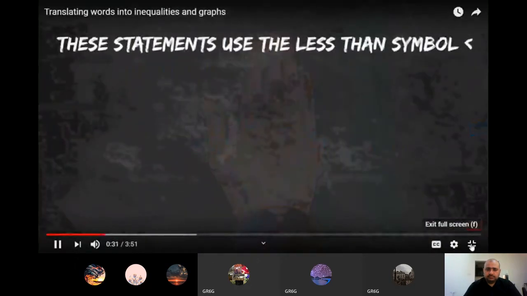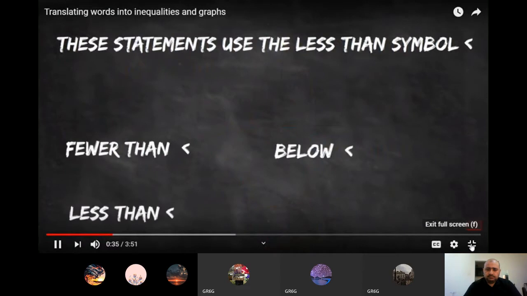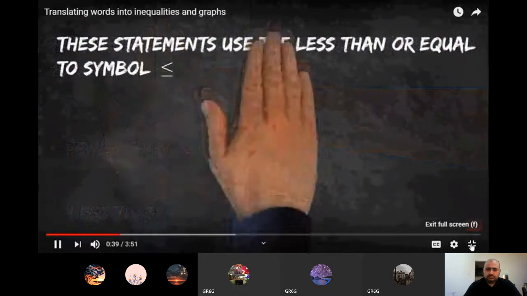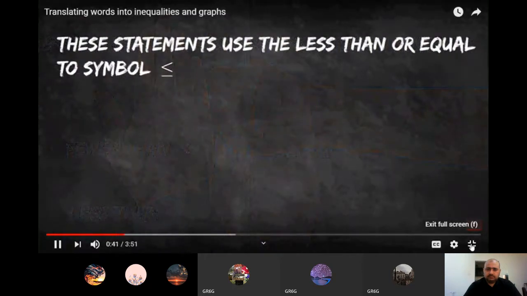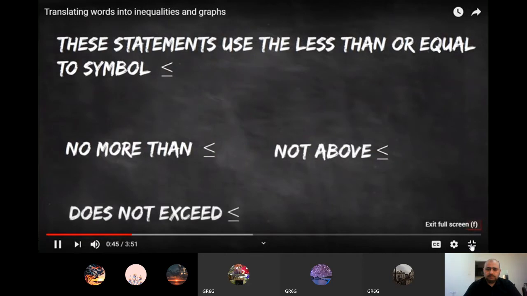These statements use the less than symbol: fewer than, below, less than. And finally, these statements use the less than or equal to symbol: no more than, not above, does not exceed, at most.